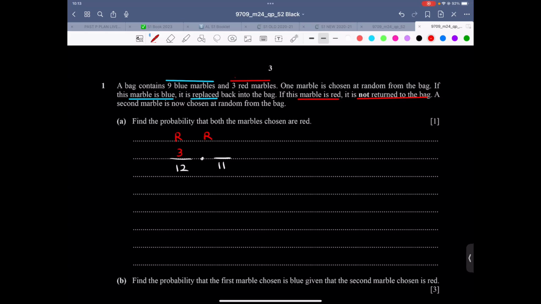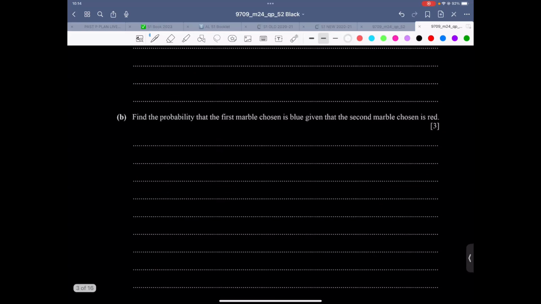Since 1 is taken out, now 2 are left. So therefore, the answer for this one is 6/132, which can be reduced and can be written as 1/22. Now, it's not an instruction from the examiner to reduce it, so we can leave the answer in the raw form also.